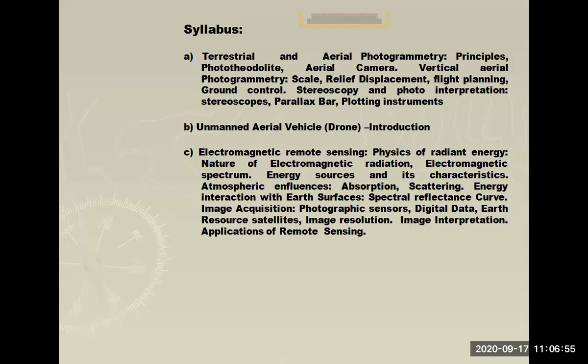Similarly, GPS. What is GPS? Global Positioning System. But for what purpose? Because this is the satellite based system with which we find our location. Similarly, how can we define remote sensing?